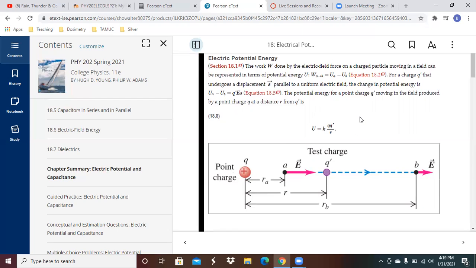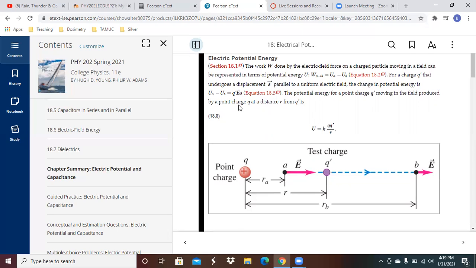So for a charge q prime that undergoes a displacement s that's parallel to a uniform electric field, the change in the potential energy is going to be given by q prime times E times s. Now, q prime times E is a way of saying force.